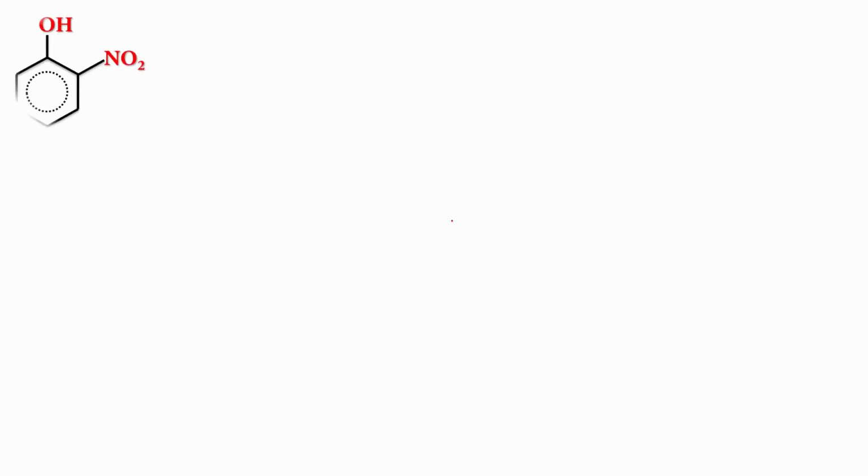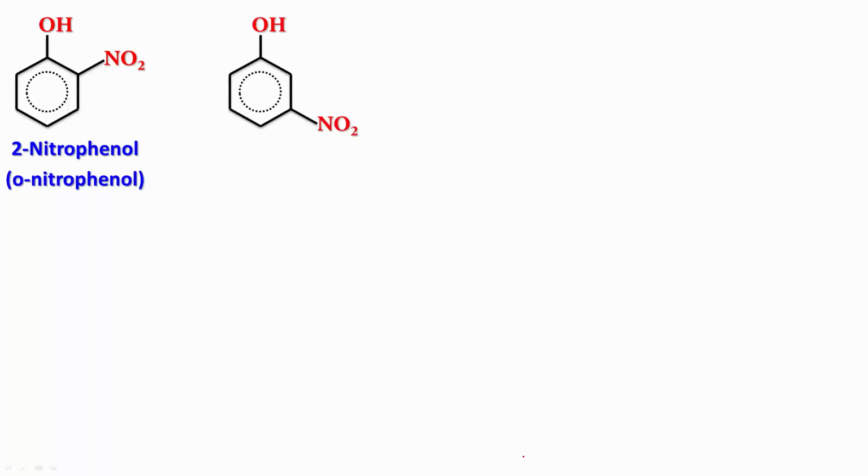Look at this one. What would you call this? Which is the principal functional group? It's OH, right? It's a derivative of phenol. So, it is numbered as 1, 2, what would you call it? 2-nitrophenol or orthonitrophenol. And what would you call this one?